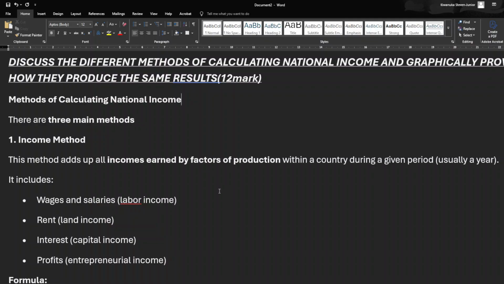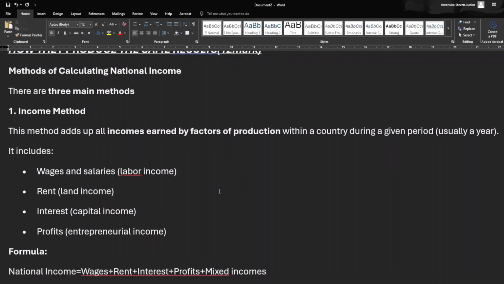It includes wages and salaries, rent from land, interest from capital, and profits from entrepreneurial income. So we sum up all that from those factors of production: labor, land, capital, and entrepreneurship.